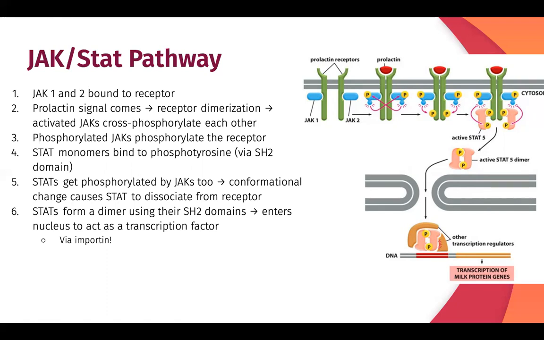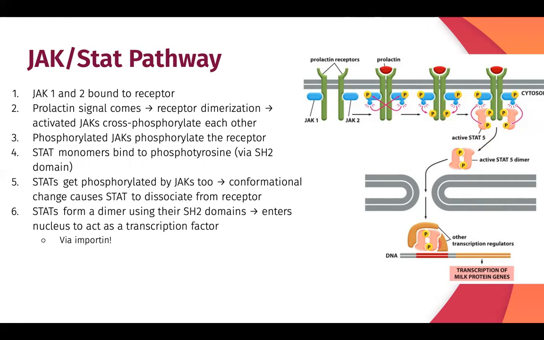And then once those are active, it creates an SH2 binding area because it's a phosphotyrosine. And then STAT comes in, in this case they're pink. So we have STAT, and in this example, we have STAT5. So 2 STAT monomers come in and bind via their SH2 domains.